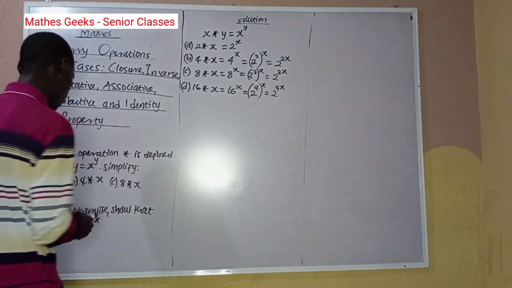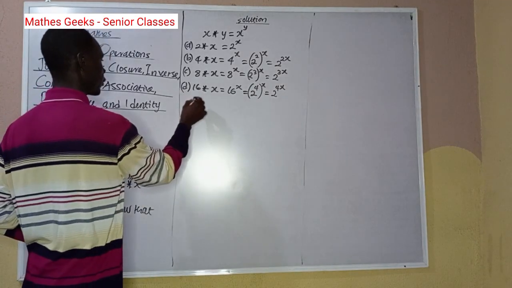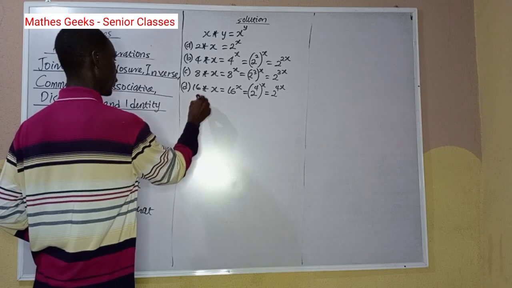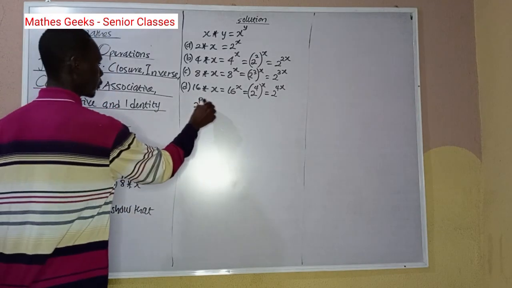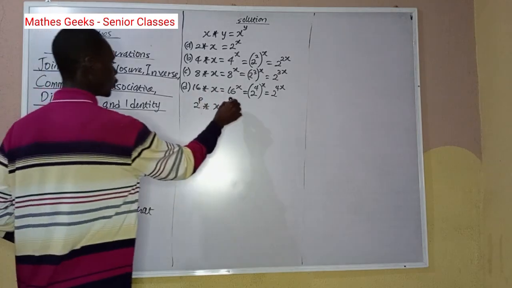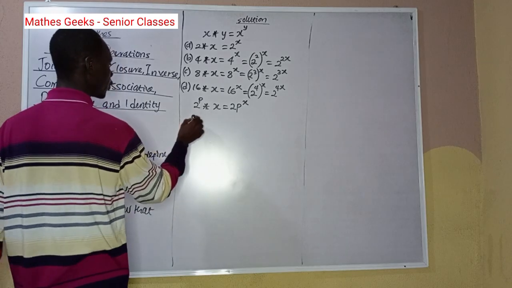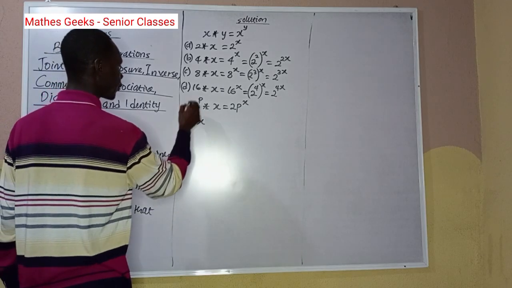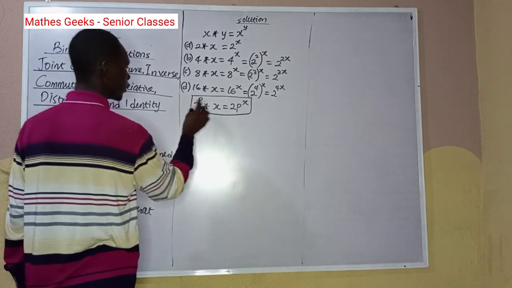And hence or otherwise show that 2 raised to the power of p operation x is equal to 2 raised to the power of px. Let's show the 2 raised to the power of p operation x from our general operation. Okay, let's say we want to prove this.